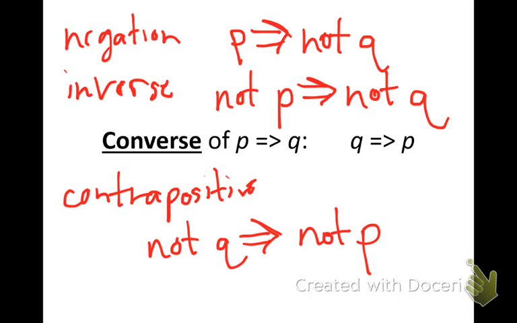If a person is a soccer player, then he or she is an athlete. So if you are a soccer player, then you are an athlete. That would be our if-then. Go ahead and, on your own, fill in the converse, inverse, and contrapositive, and then we'll discuss them. So try to do those on your own.